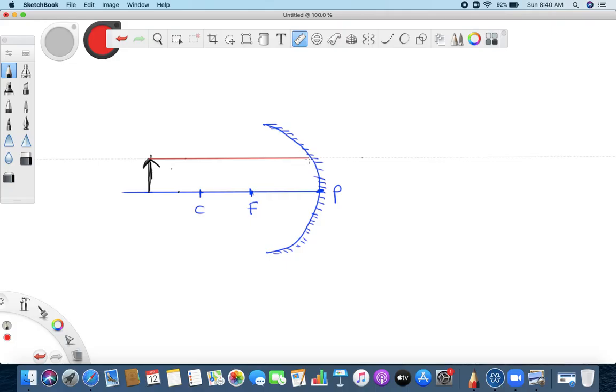When a ray is parallel to principal axis, from where does it pass? It passes from F. So this is your F. This is interesting, you will easily get it. Then you have to draw an arrow that shows which one is the incident ray and which one is your reflected ray.